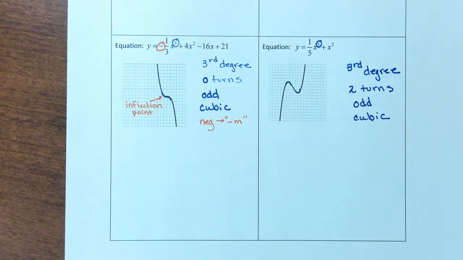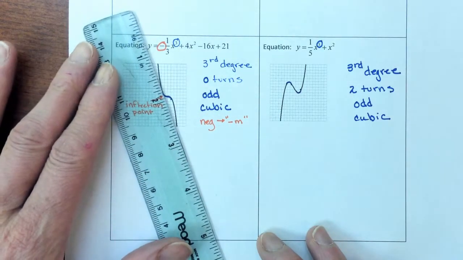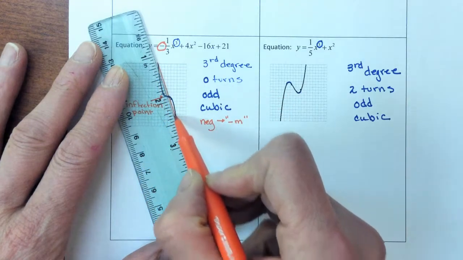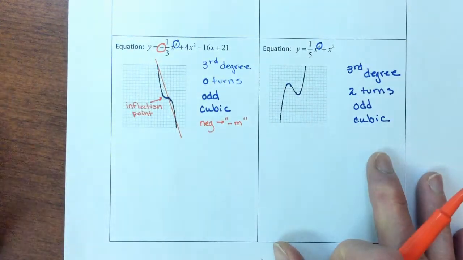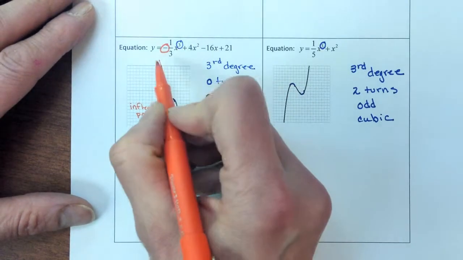It has a bunch of instantaneous slopes. It doesn't actually have a slope. I showed you this in the other video. You can see that there is a negative slope. I just wanted to point that out on here.